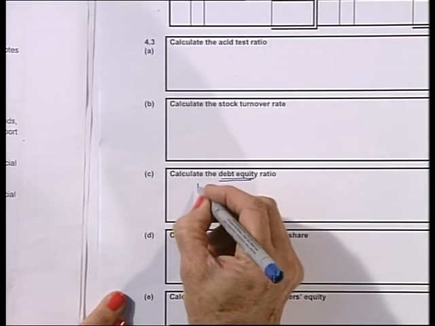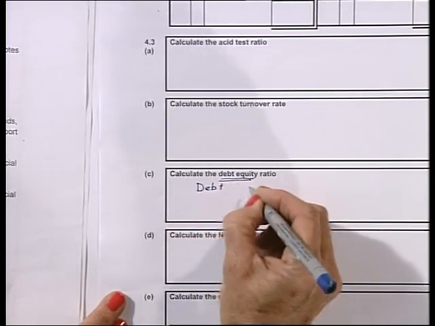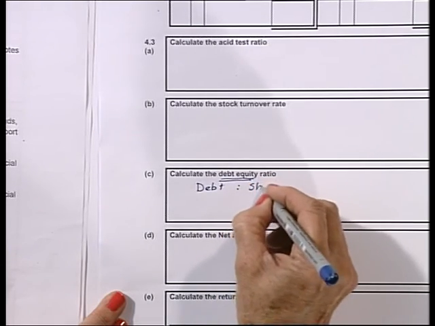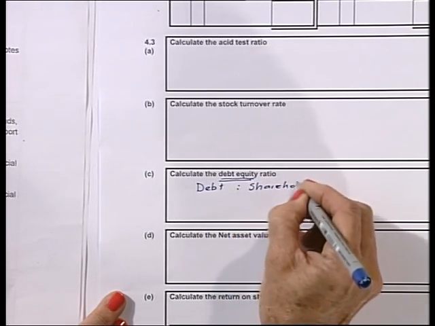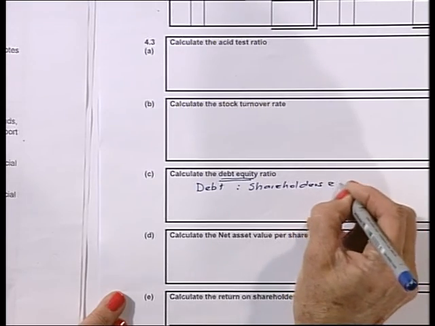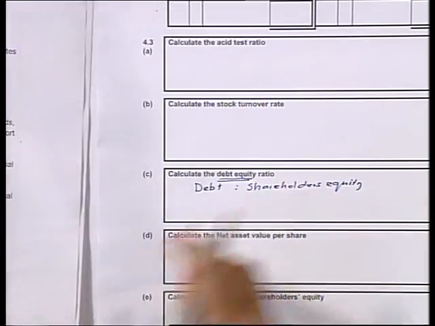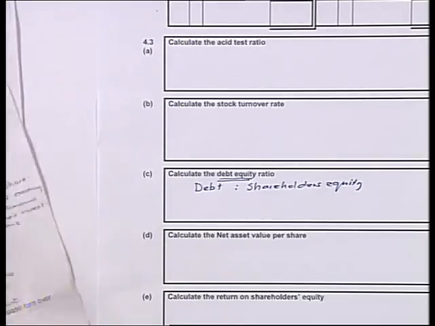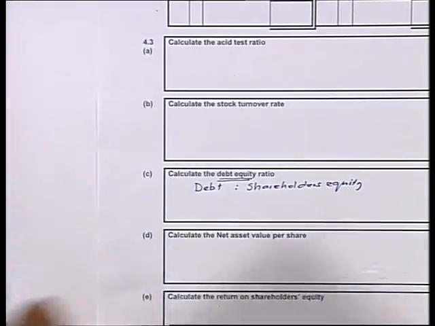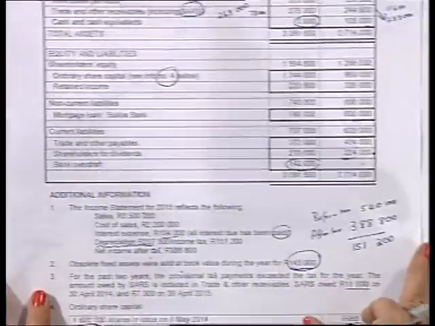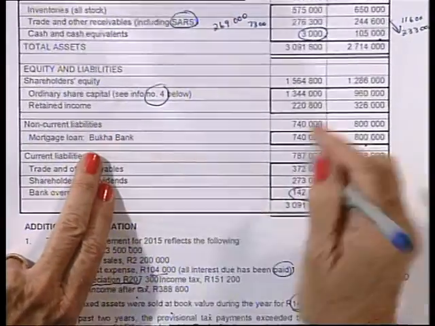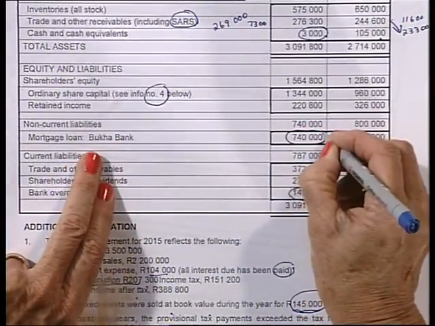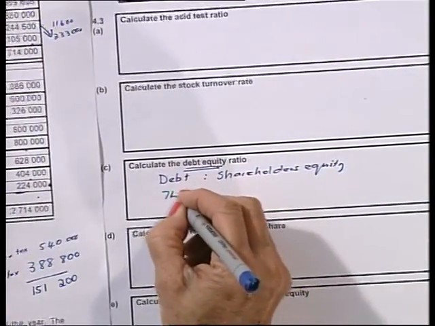If you look at the name, they tell you what to do. You're going to take the debt to shareholders' equity, and you're going to get your information from your balance sheet. In your balance sheet, you must know where to find your debt. This is your long-term loan, so it was 740,000. So you write down 740,000.